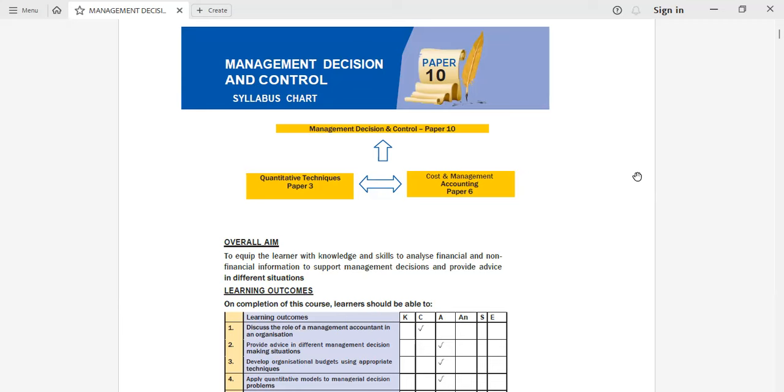Others, they edited some topics, and others, they deleted some of the topics and all that. But for the MDC, we've seen that the paper is still the same way it was in the previous syllabus, the same as in the new syllabus.